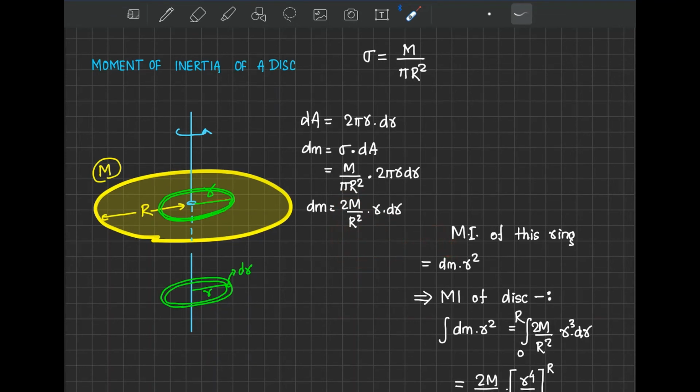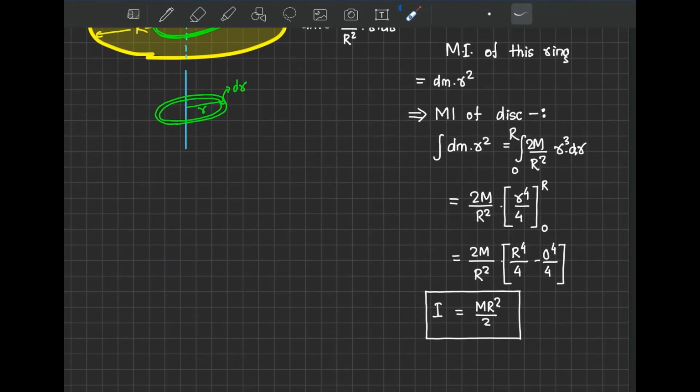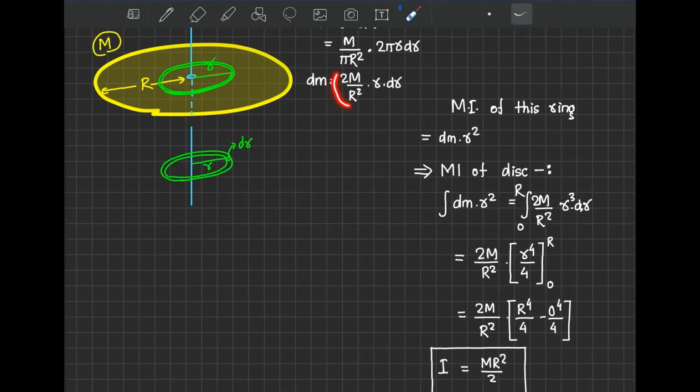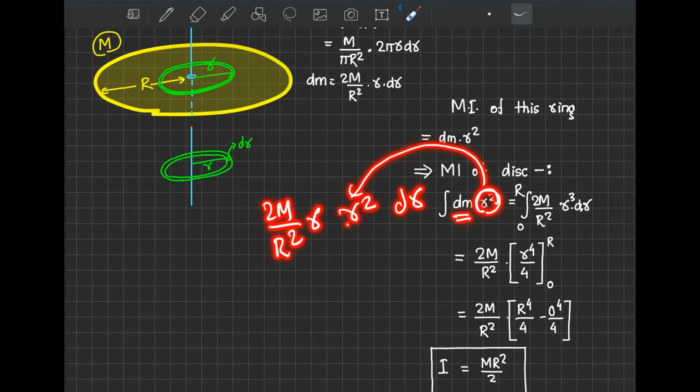Now see, our dm into r square gets this dm value, 2m by r square into r dr. Then we have another r square here. So in total we are getting 2m by r square into r cube.